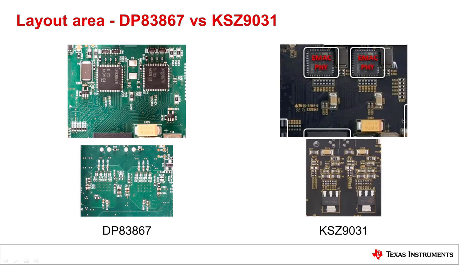You also see on the bottom side of the KSZ9031 solution the two MOSFETs, which are quite big, and those MOSFETs are not required in the DP83867 solution because we are using here the highly efficient power management IC with the integrated DC to DC converters.